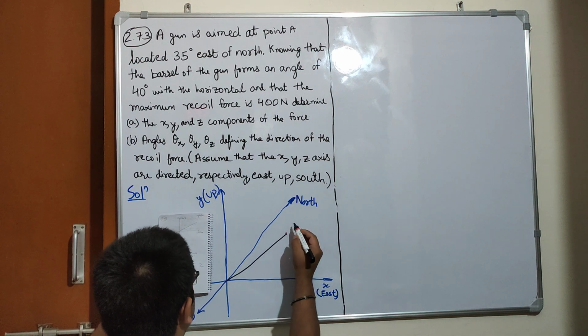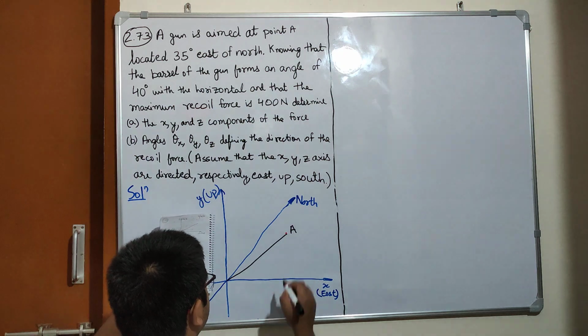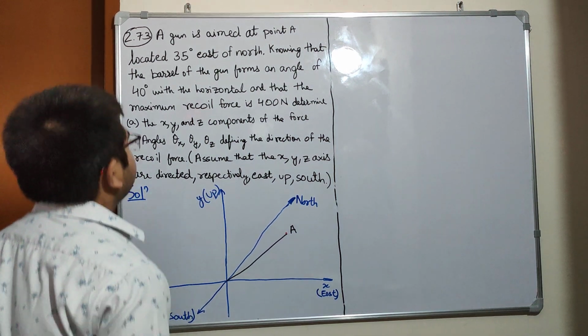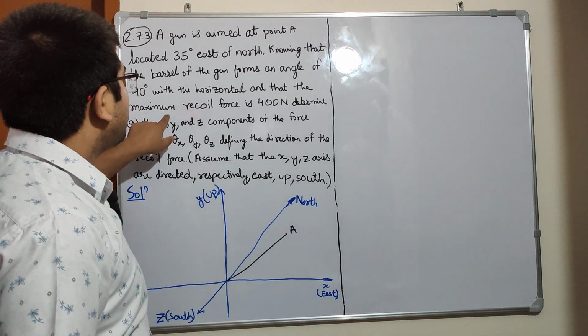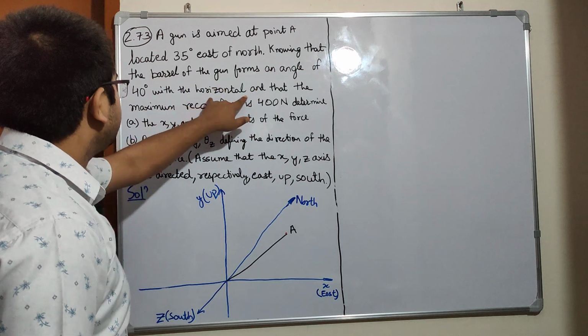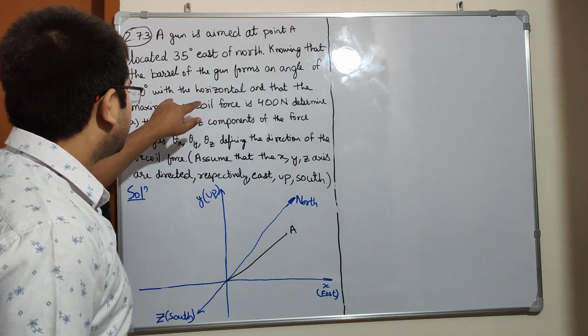This is our point A. Now we are told that at point A the gun forms an angle of 40 degree with the horizontal.